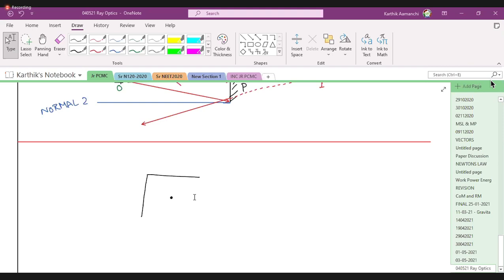It's 7. See, I'm going to break it. There are three mutually perpendicular mirrors. First I'll take two mutually perpendicular mirrors. What do I mean by perpendicular? The angle between them. If a point object is placed, how many images are formed?